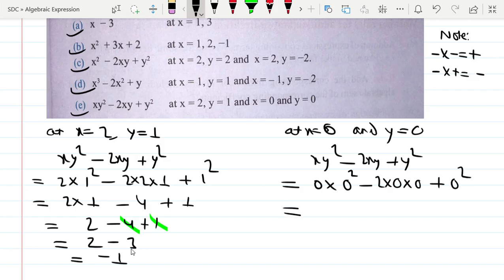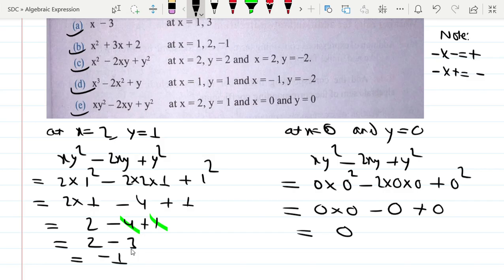So 0 anytime you multiply with any other number, it results in 0 again. So here 0 into 0 square is 0, and 2 into 0 is 0, 0 square also 0. So whatever you do, it's going to be 0. So the answer of it is 0.